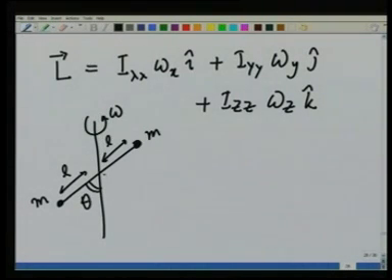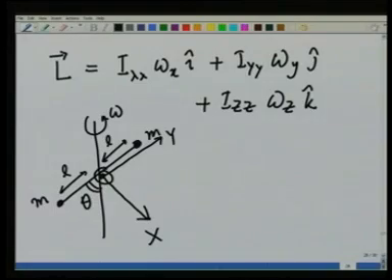Let me take the line perpendicular to it as the x axis, the line along the rod as the y axis, and obviously then the line coming out of the screen is going to be the z axis.